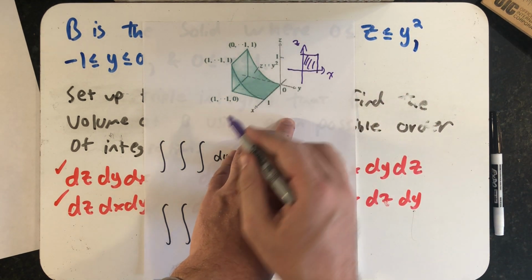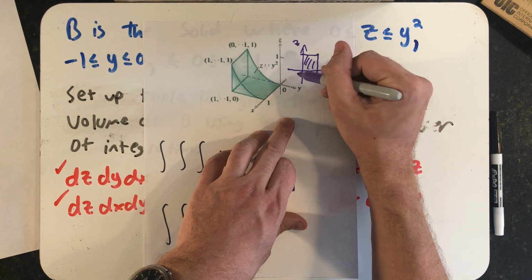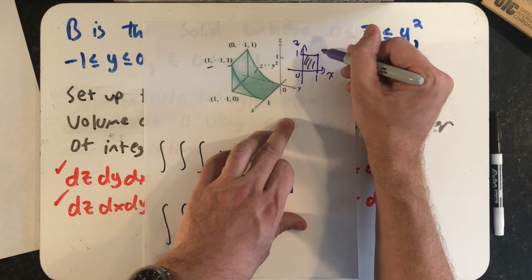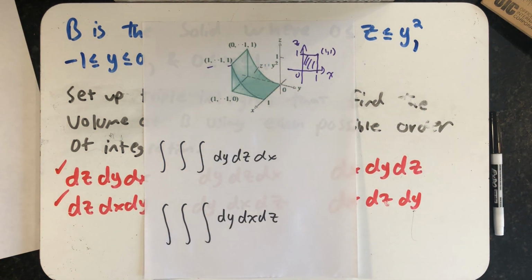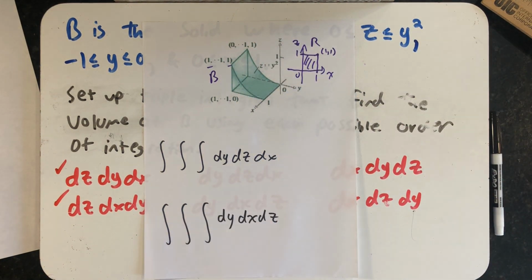And I can see that in the x and z direction, these bounds are really nice, and that this would just be the point 1, 1. Then I'm just dealing with a 1-by-1 square there, and so my space region B, the projection into the xz plane, that's my region R.